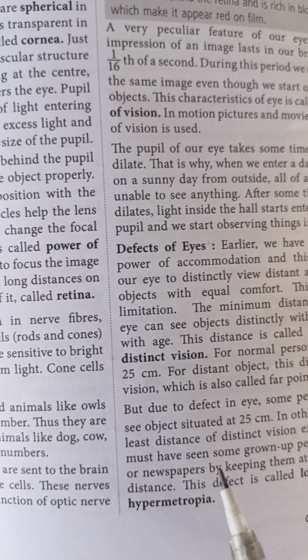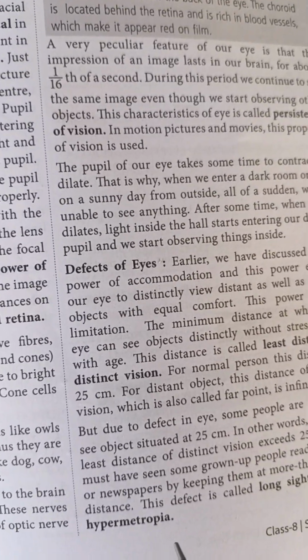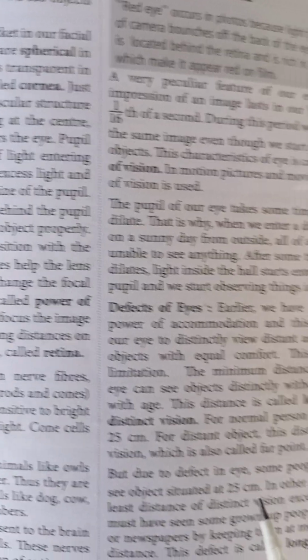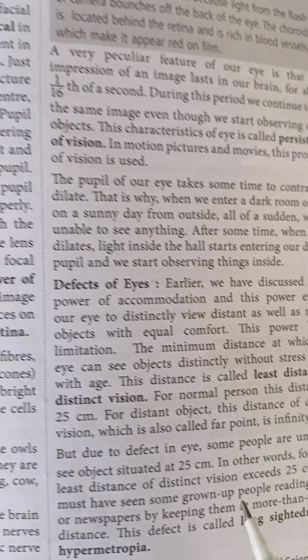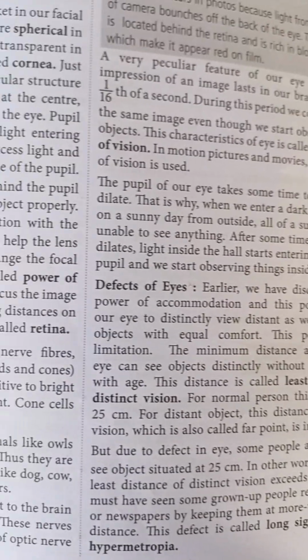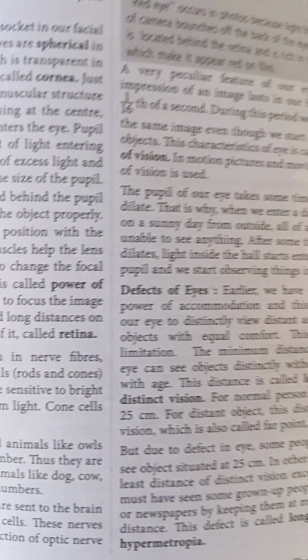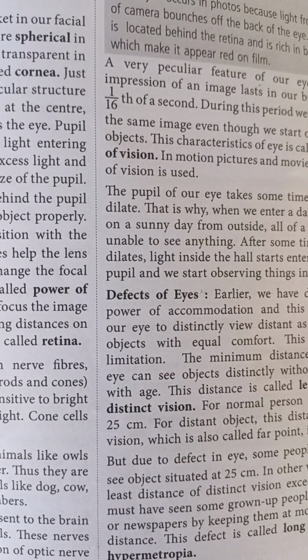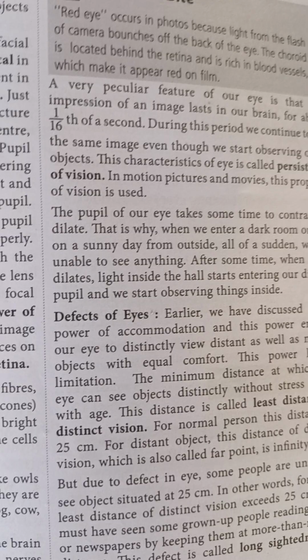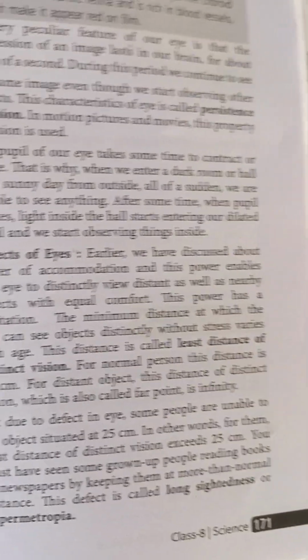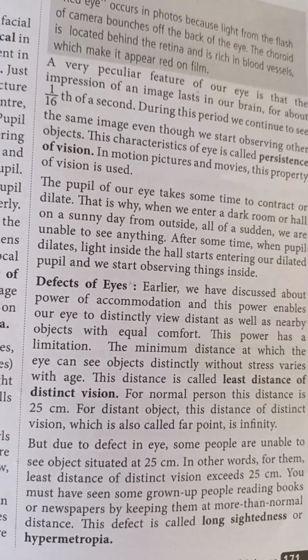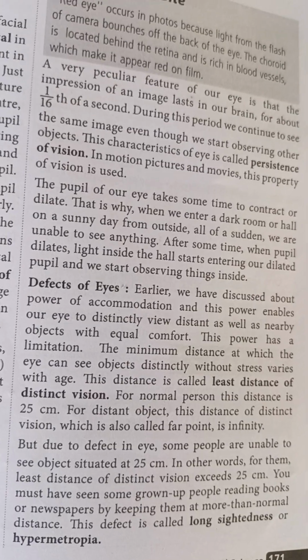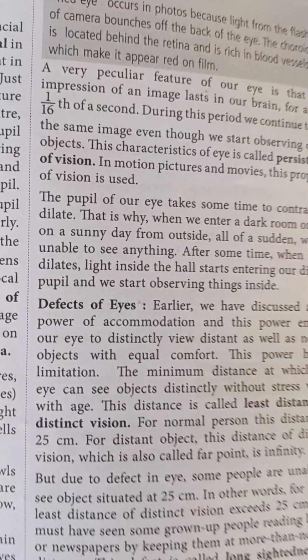Then we can use a lens so that the image can be formed properly. Or sometimes we cannot see objects at far distances from us. We also use lenses of proper focal length to remove these defects.